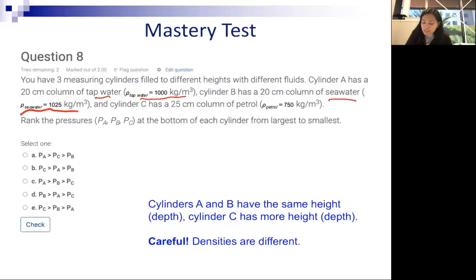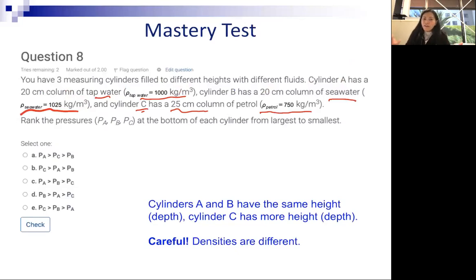So the same depth, 20 centimeters, but different densities. And then you have cylinder C, which has a different depth, 25 centimeters, and also a different density.